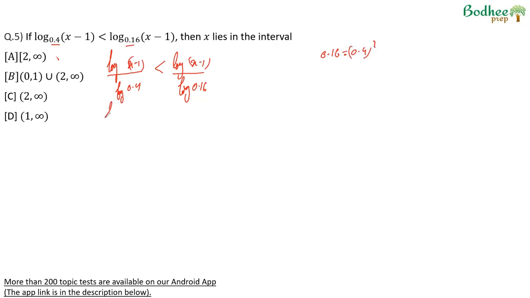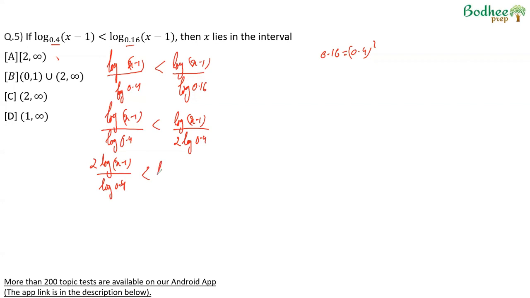And therefore log of x minus 1 upon log of 0.4 is less than log of x minus 1 upon 2 log of 0.4, 0.4 square, 2 comes in the front. And therefore, cross multiply 2 here, 2 log of x minus 1 upon log of 0.4 is less than log of x minus 1 upon log of 0.4.